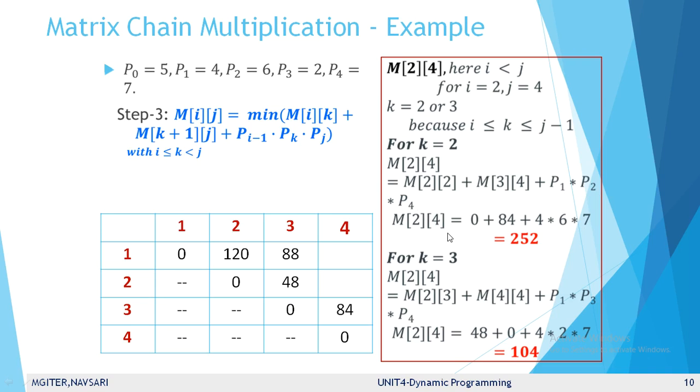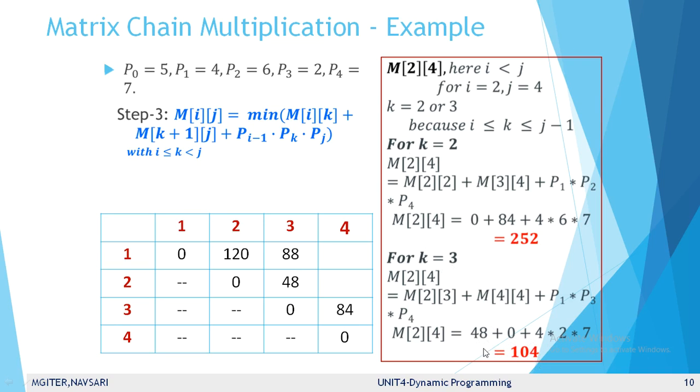So M of 2 4 becomes M of 2 2, which is equal to 0, plus M of 3 4. M of 3 4 is equal to how much? 84. 84 plus 4 into 6 into 7, so it becomes 252. Now we make the similar computation for k equal to 3. So it becomes how much? 104.